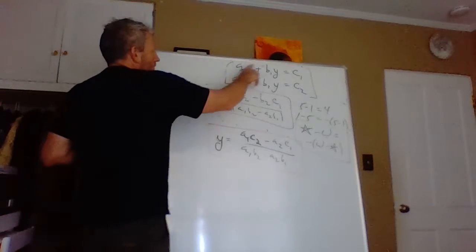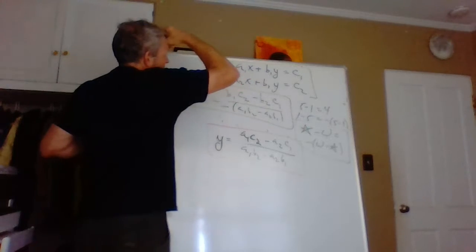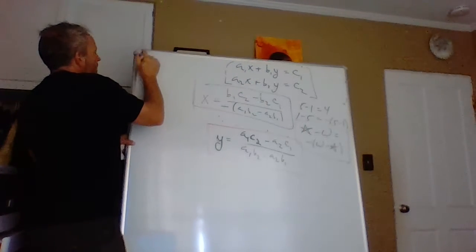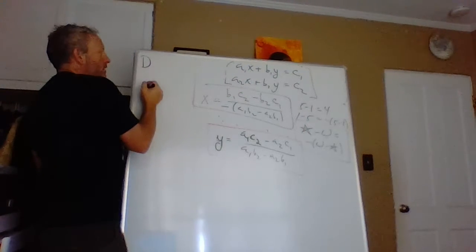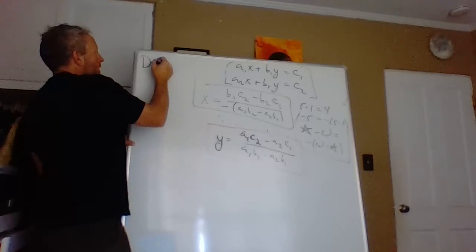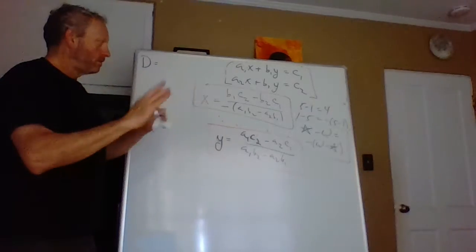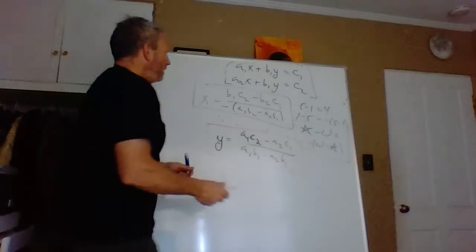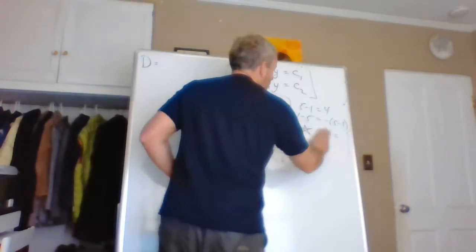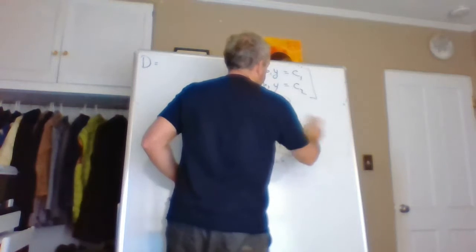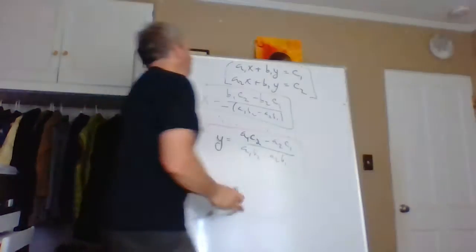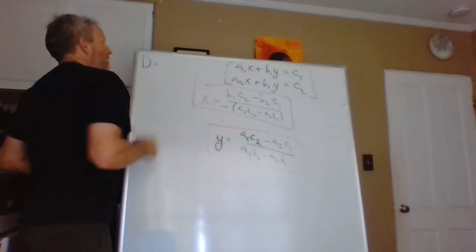Look at this original system up here. I want to write this down. Capital D for a determinant. The determinant of this system, the original system. Here, let me erase this stuff. Too much stuff on the board here. There we go. Okay. Look at the original system right there.